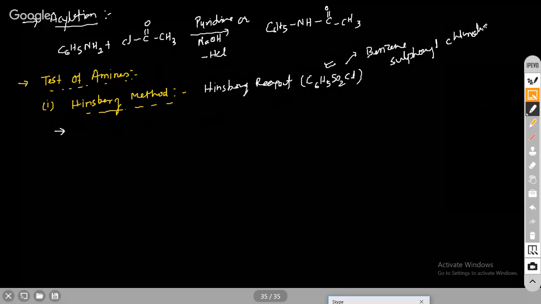Primary amines on reaction with benzene sulfonyl chloride form N-alkyl benzene sulfonamide, which on treatment with alkali solution forms a soluble alkali salt.